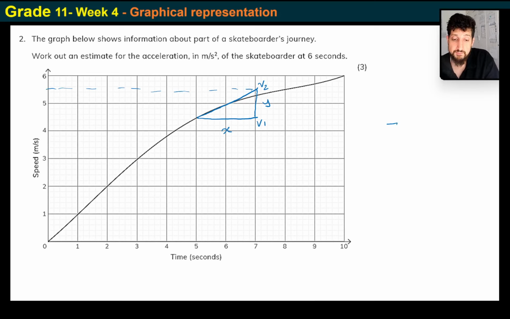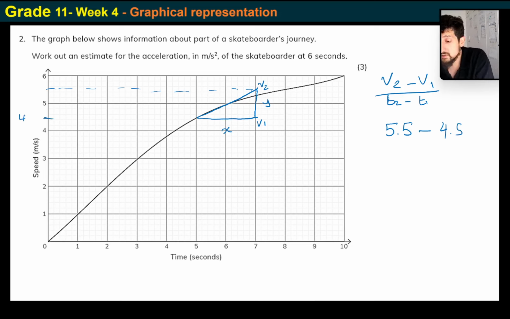5.5. Remember, v2 minus v1 over t2 minus t1. 5.5 minus 4.5. See? Approximately 4.5, and that's approximately 5.5.